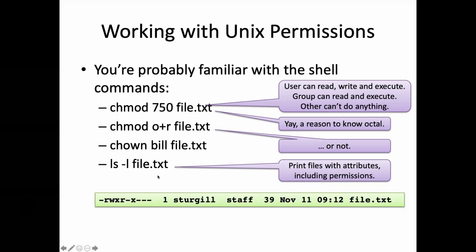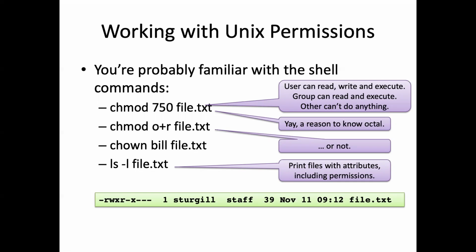It'll tell you these 9 bits we're talking about. And if you're the owner of a file, you can go in and change these bits. Chmod, C-H-M-O-D, lets you specify the permissions associated with the file as an octal number.